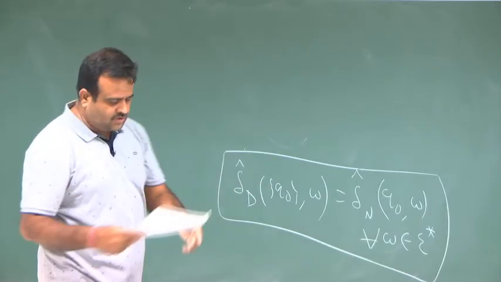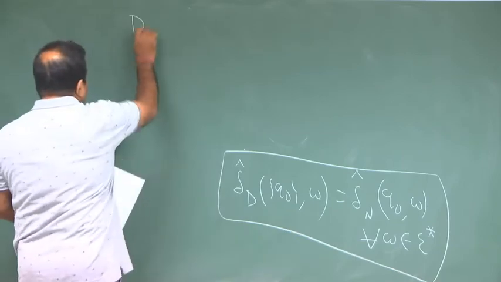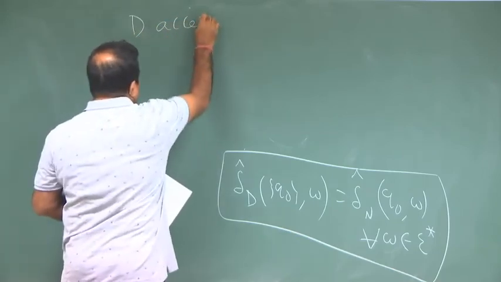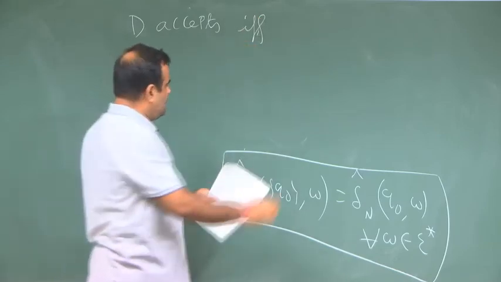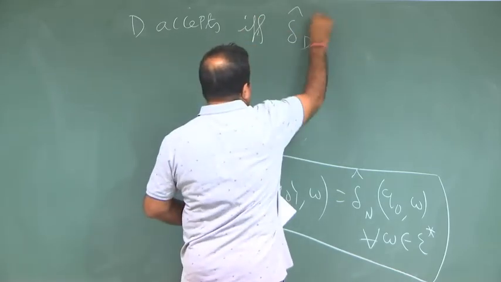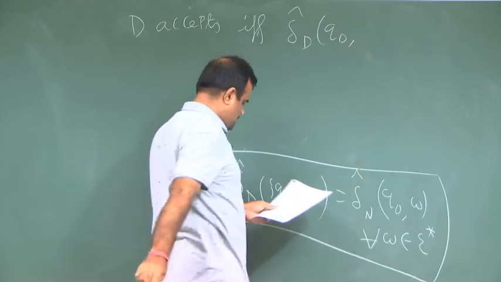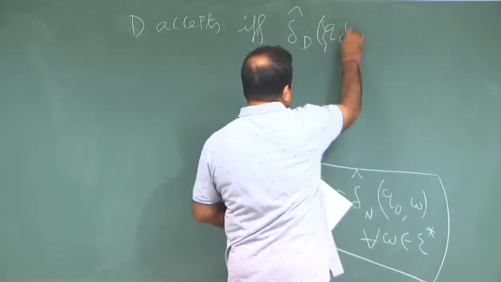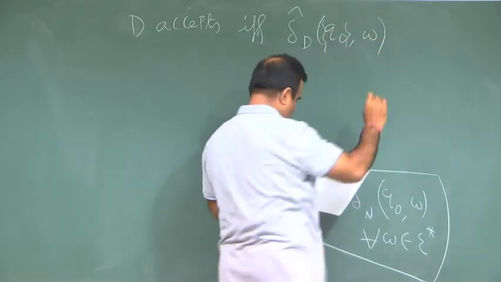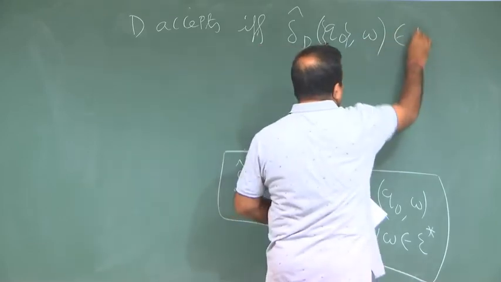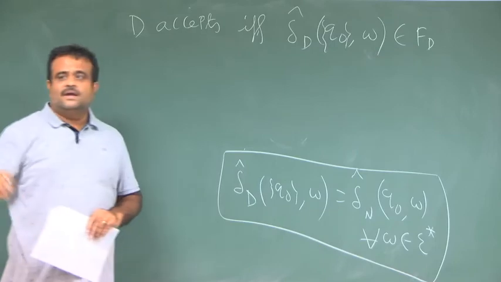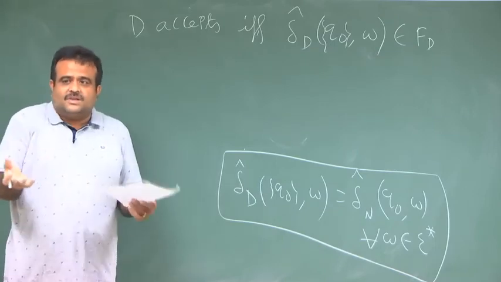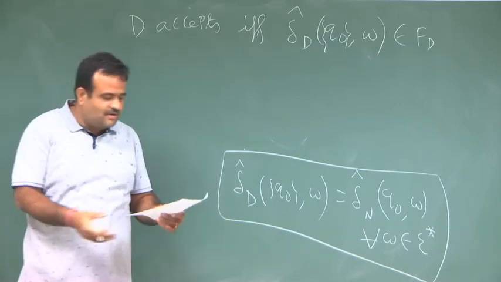So, if we assume this is okay, then the DFA accepts a string if and only if delta D hat of q0, w belongs to FD, and what is FD? FD contains one of the final states of Qn.